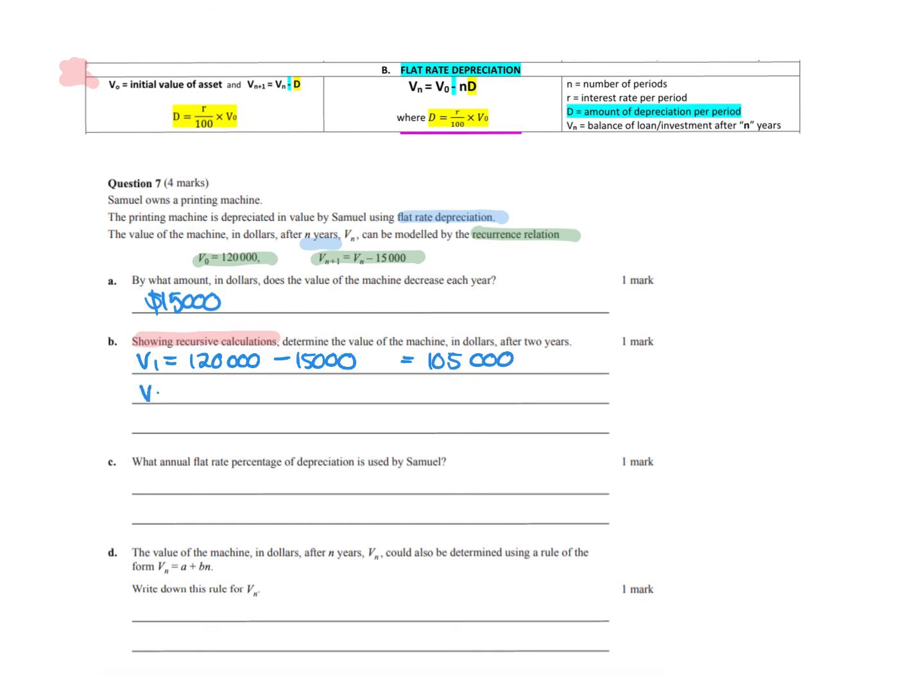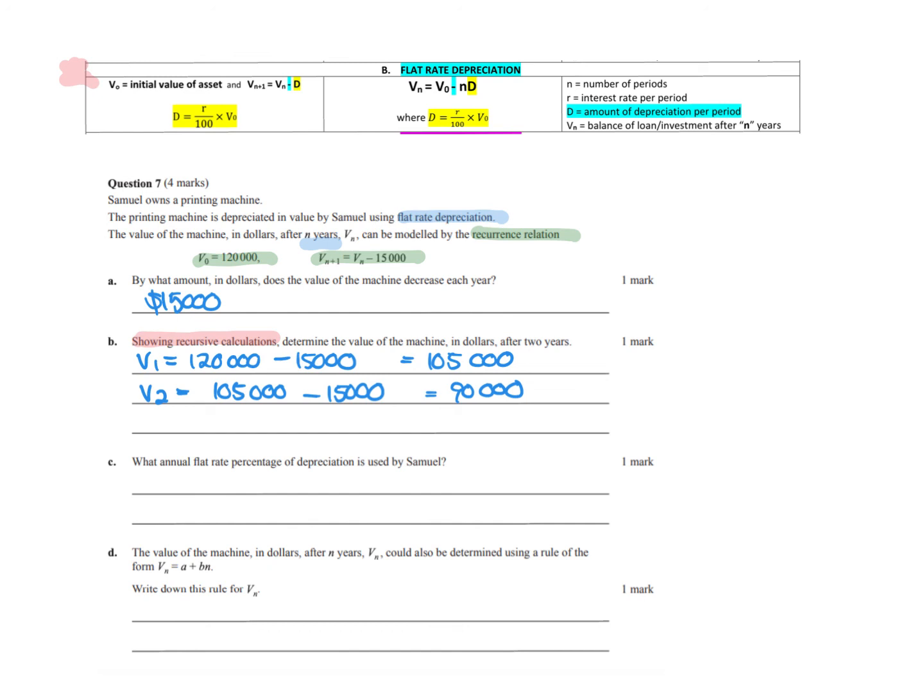Then you had to say V2 equals 105,000 minus the 15,000, which equals 90,000. Okay, so that's what they mean. That's how I said they're going to ask you to step it out, and it's only 1 mark, but you need to show that's how you show recursively, okay?